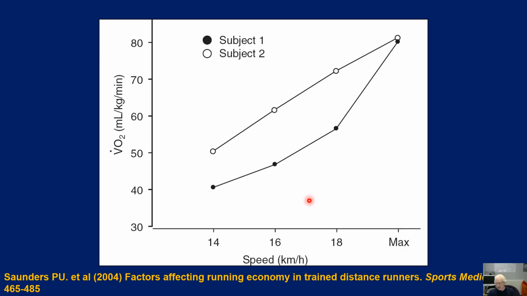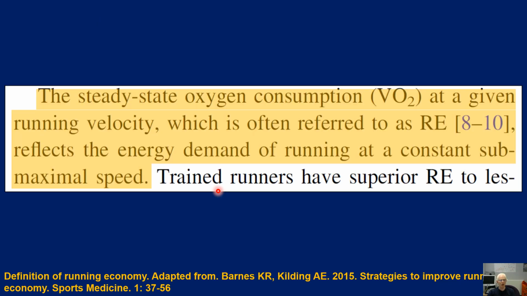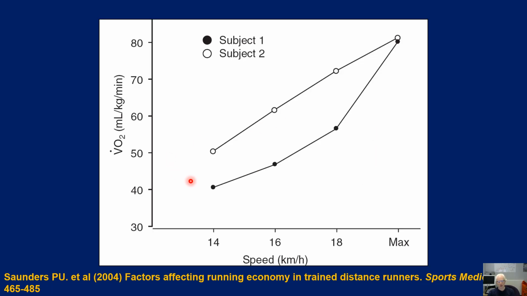But that notwithstanding, who's more economical? Well, if we go back to the definition from Barnes and Kilding, what you see here is the steady state oxygen consumption at a given running velocity is referred to as running economy. So if you are consuming less oxygen at the same absolute exercise intensity, then you're more economical.